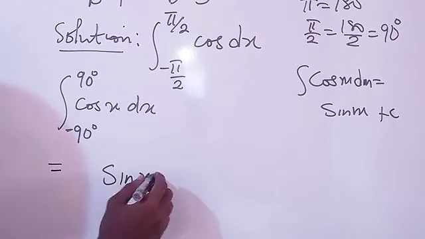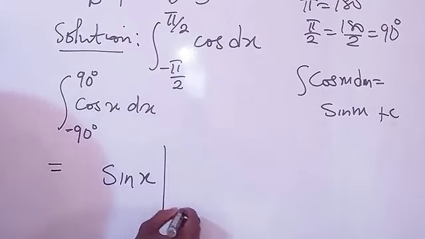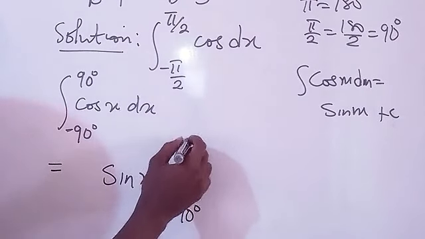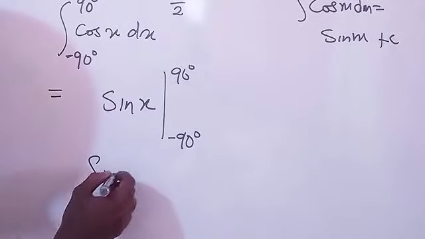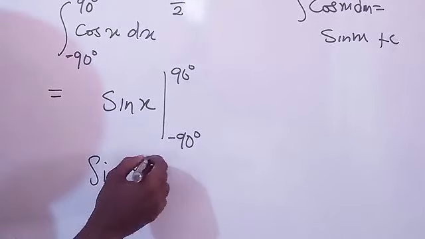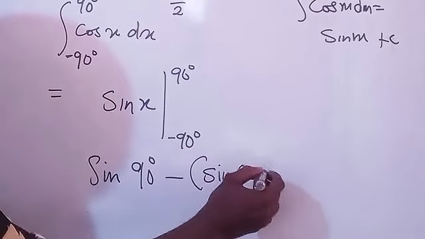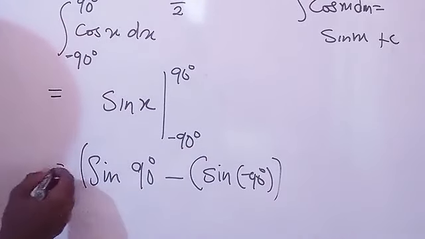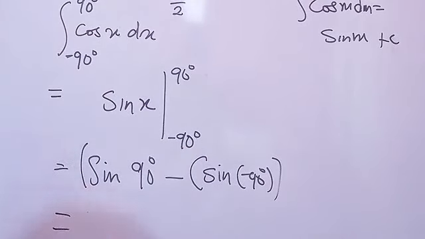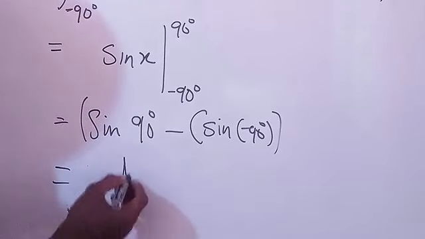From there, we put the limits minus 90 degrees and 90 degrees. So this is going to be sine of the upper limit first, minus, in brackets, sine of the lower limit, minus 90 degrees. What is sine 90? If you press your calculator, it gives us 1.